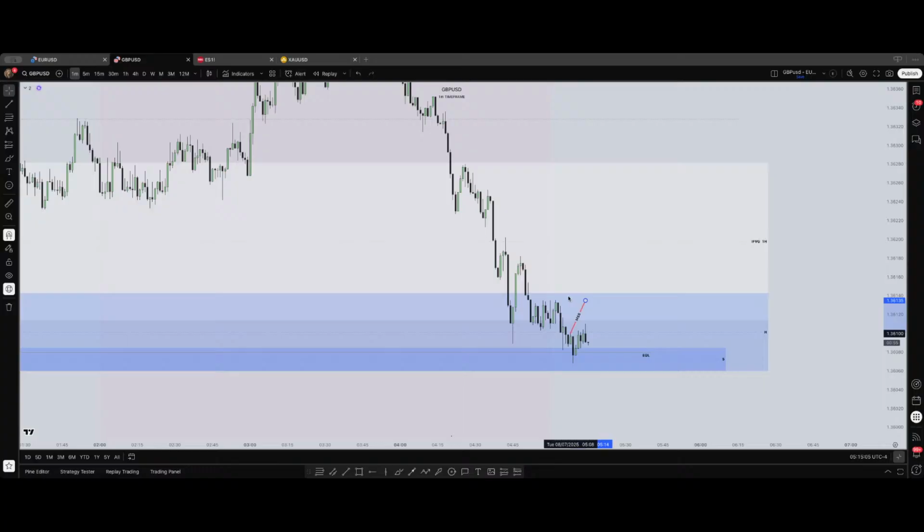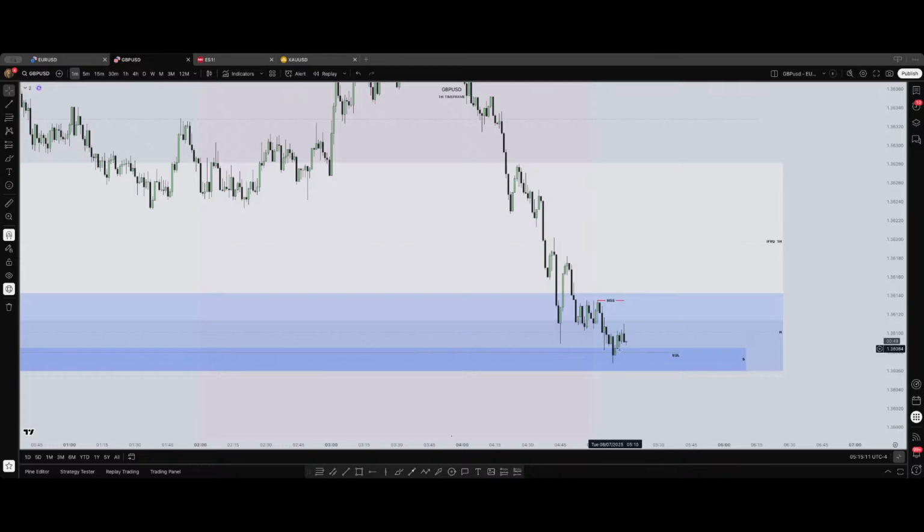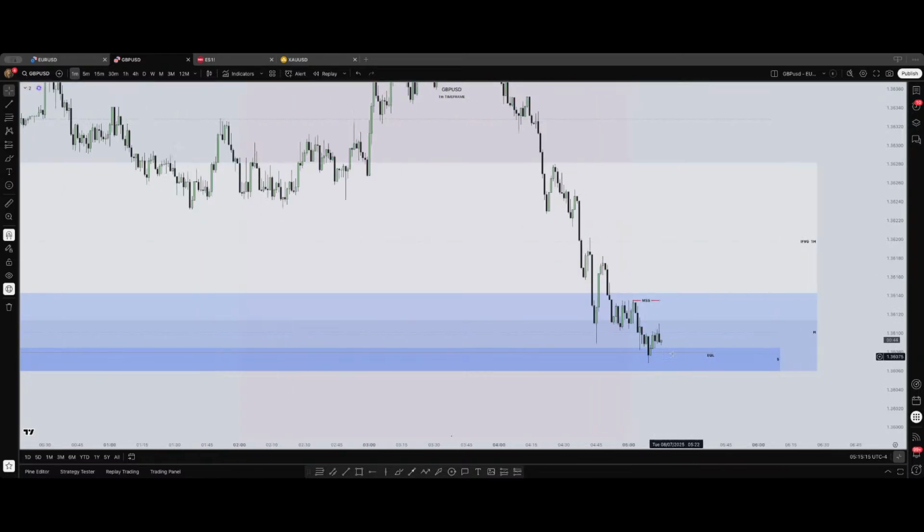So far nothing, just price dropping. But as you can see, price is somehow respecting this 5-minute fair value gap, which inside had these equal lows, which price already took.